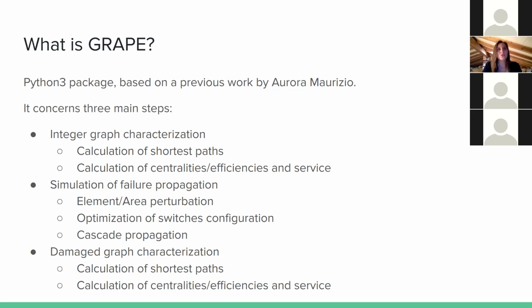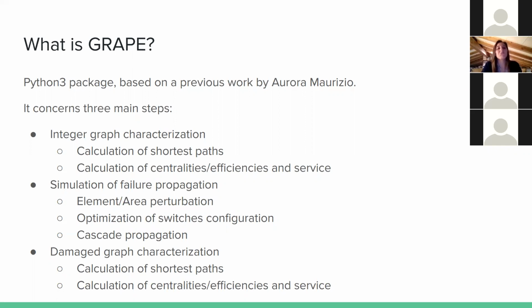Graph characterization means that you give a list of components, of nodes, you have connections between them, which are the edges, and on the graph itself, you can already do a lot of things, like calculating the shortest path, calculating some measures which are typical of graphs, centralities, efficiencies, and also service, which is an additional one I will talk about later on.